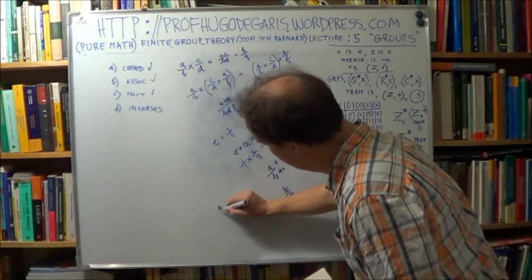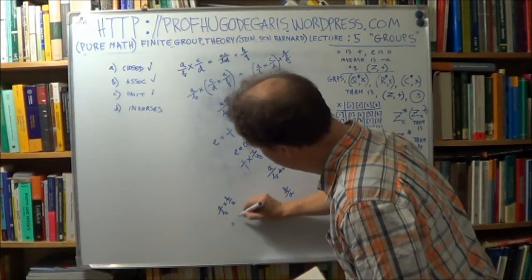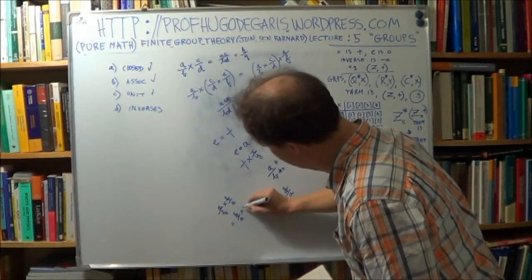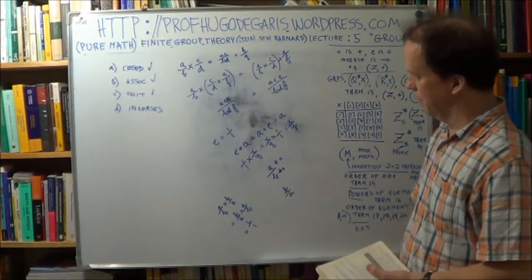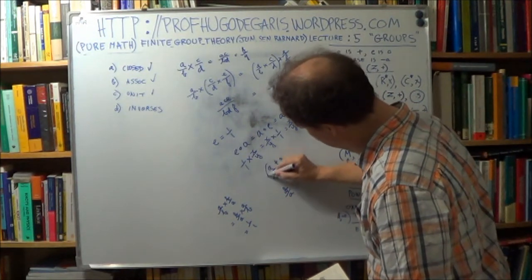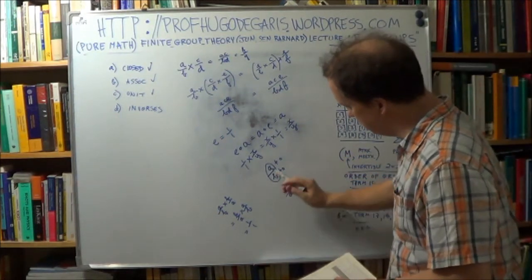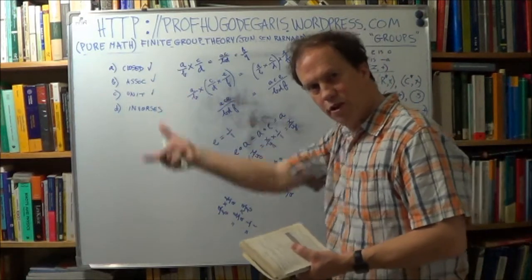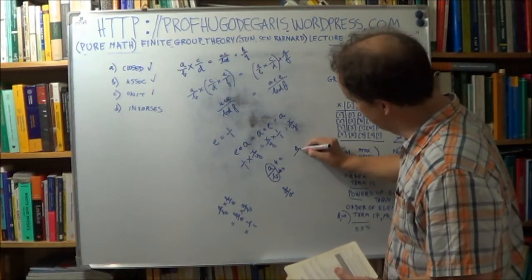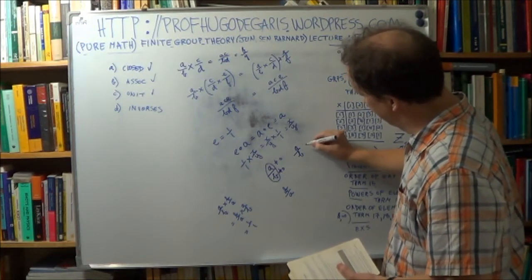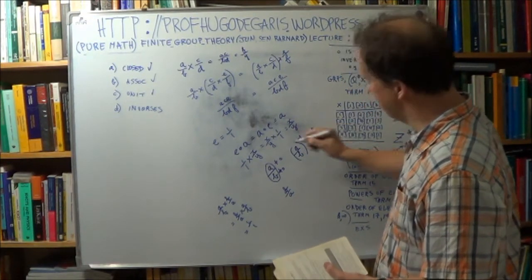So A over B times its inverse, that's B over A, is the same thing as A over B times B over A, and that's just 1 over 1. Okay, so that's your unit. So for any general member of your Q, its inverse will just be, well, you just flip the numerator and denominator, right? You just flip it around. So for any element A over B, its inverse will just be B over A. Okay, so that's true in general.